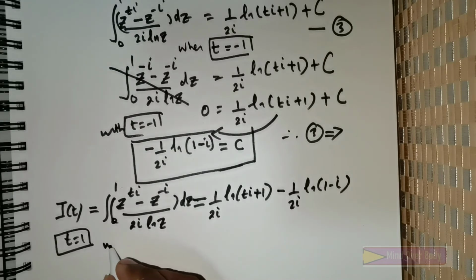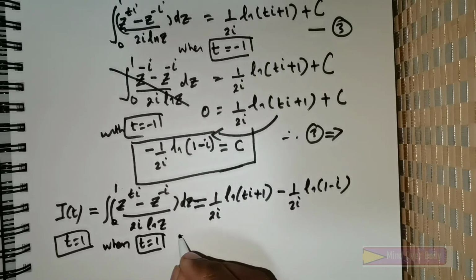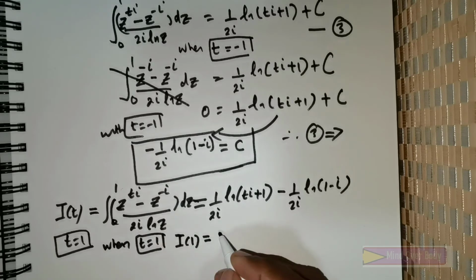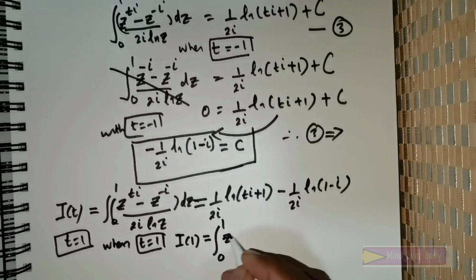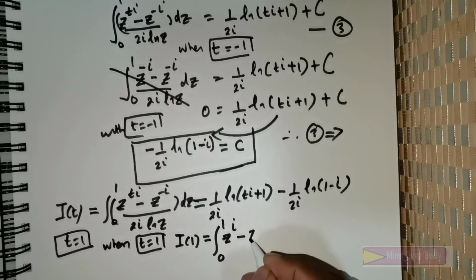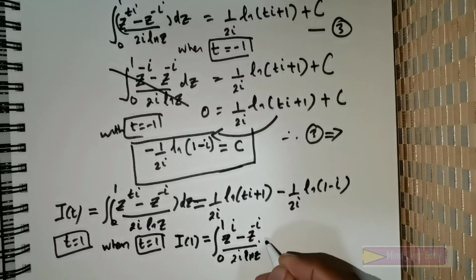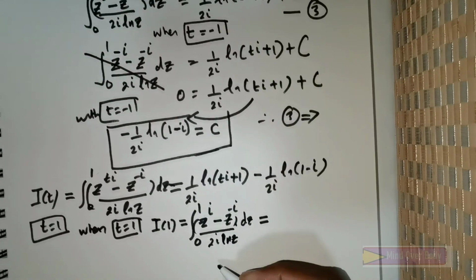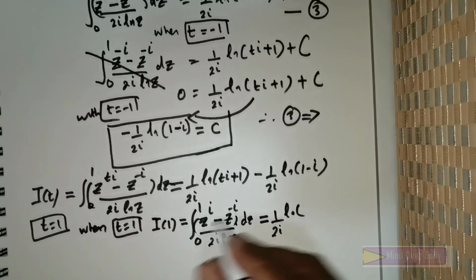So when t is equal to 1, we get I of 1, which is the integral from 0 to 1 of (z raised to the power i minus z raised to the power negative i) divided by 2i ln z times dz, equal to 1 over 2i ln of (t i + 1) with t equal to 1.